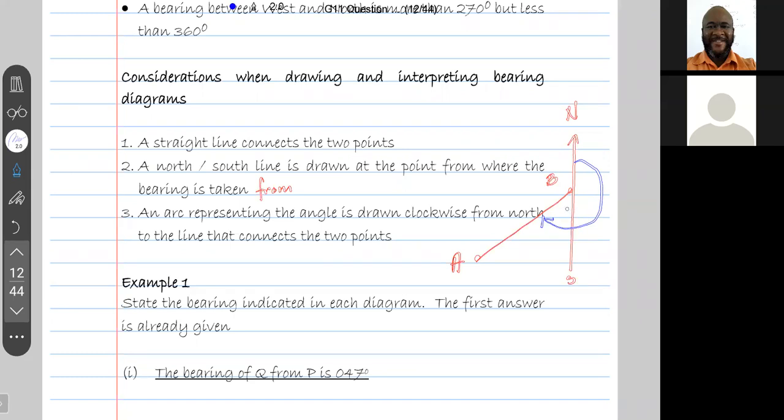Let us say it's 215 degrees. That angle there is the bearing of A from B. How do I know it's from B? Because you always draw the north-south line wherever you are taking the bearing from.